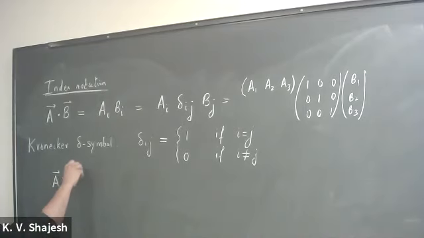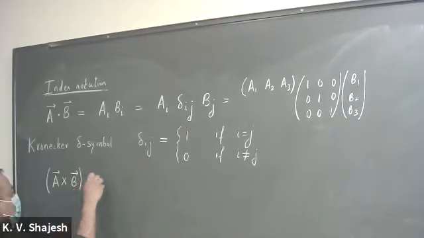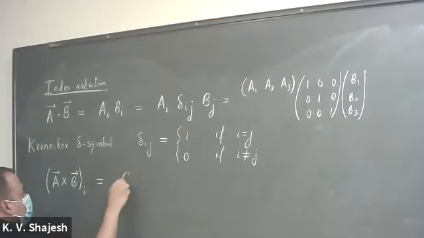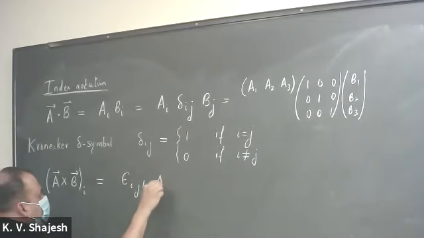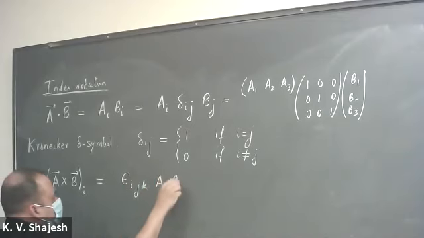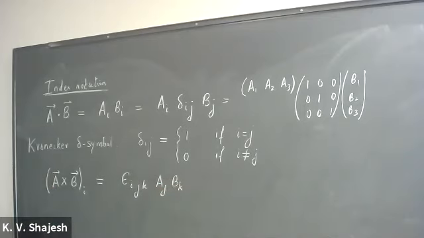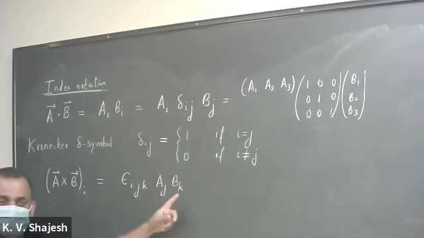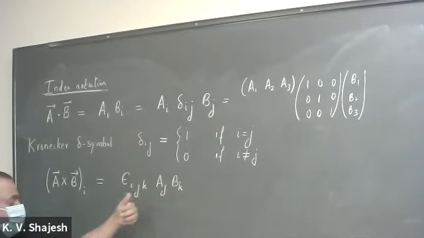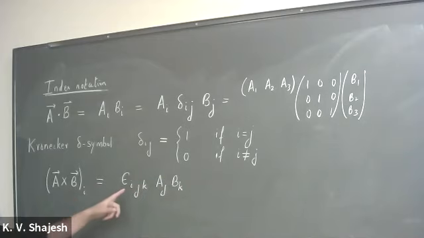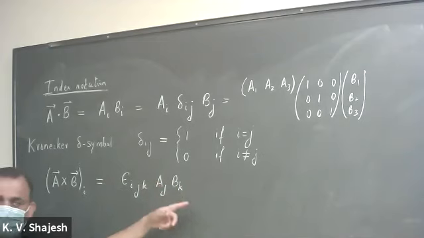We said that it is written in terms of a third rank tensor, epsilon_ijk times a_j b_k. Again, there is a summation over j, there is a summation over k because they are repeated. This is a vector on the left hand side. i is called a free index. j and k are dummy indices.